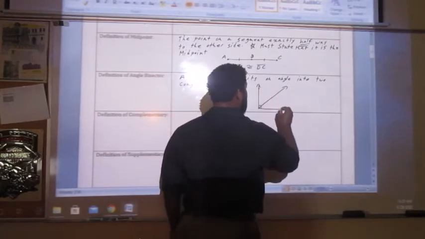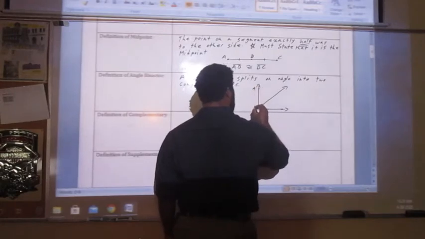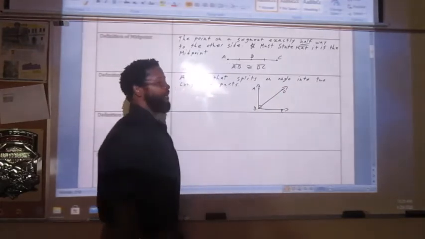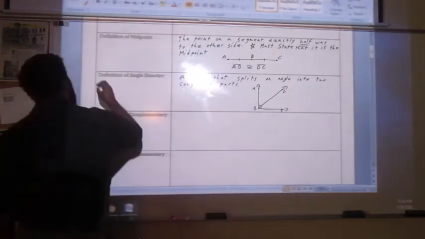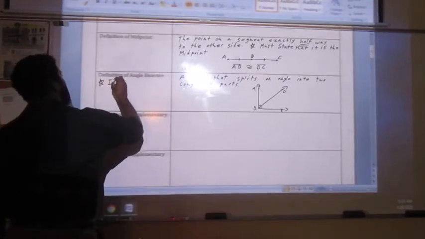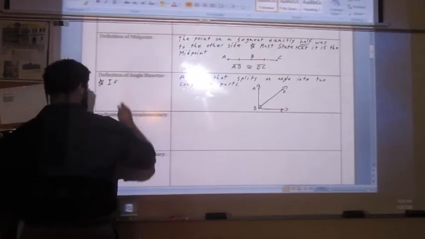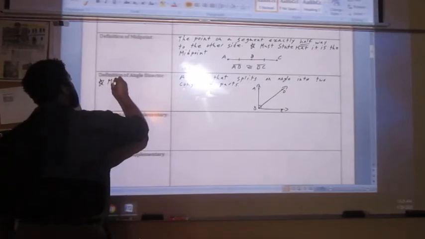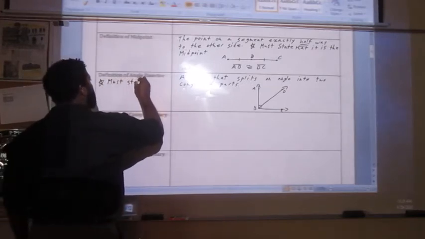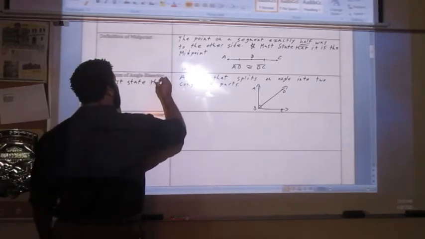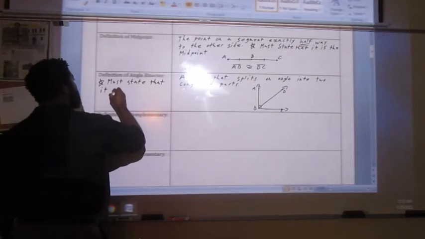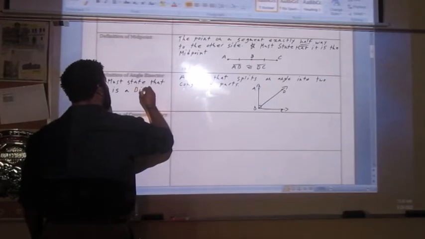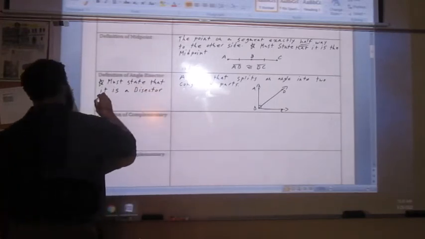So you have A, B, C, and D. If it does not tell you, it must state that it's an angle bisector, that it is a bisector, or midpoint.